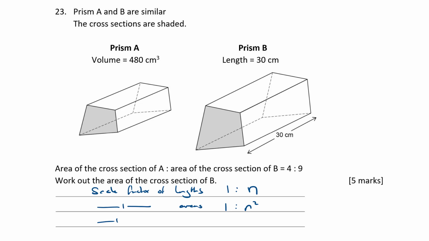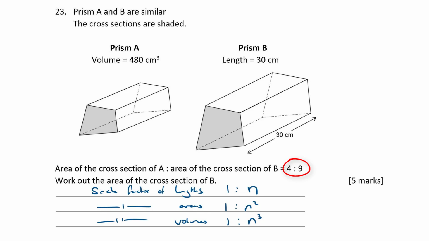And the scale factor of their volumes is going to be in the ratio of 1 to n cubed, isn't it? Okay. Now, what have we been given? We've been given this one here, the area of their cross-section.